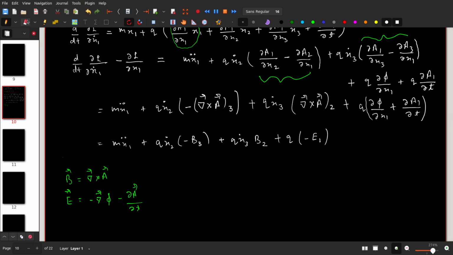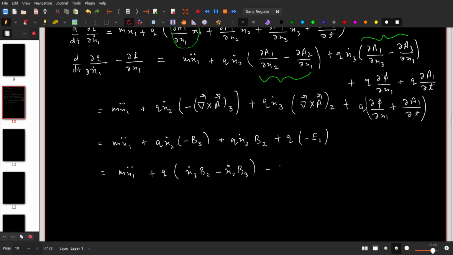Therefore we now have mx1 double dot plus q times x3 dot b2 minus x2 dot b3, minus q e1.